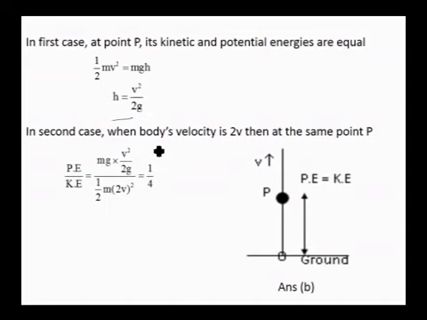In the second case, the body's velocity is twice the initial velocity, but at the same point. That is very important there. So, taking the ratio of potential energy and kinetic energy, you will figure out that this turns out to be equal to 1 by 4, and the correct option is B there.